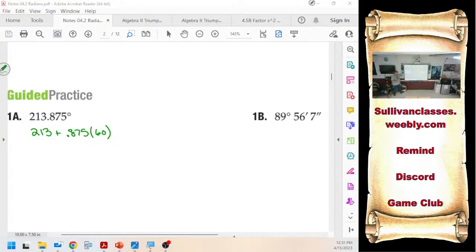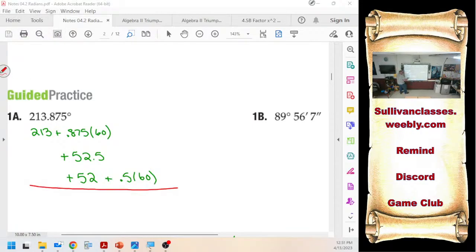How much? So I turn that into 52 plus 0.5 by 60, getting a grand total of 213 degrees, 52 minutes, half of 60 is 30 seconds.